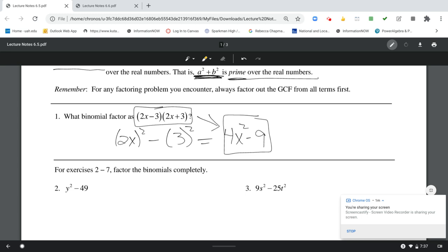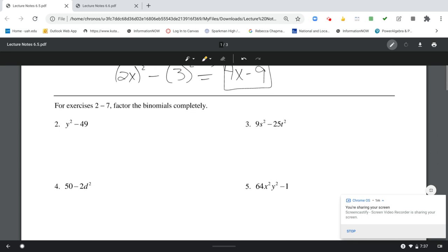Now, we're going to undo that. So to factor the binomials completely, we're going to break it down into its squares. So I have y squared minus 7 squared, which would give me y plus 7 and y minus 7.